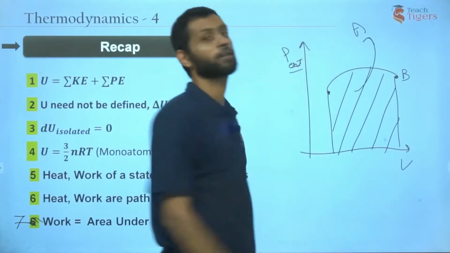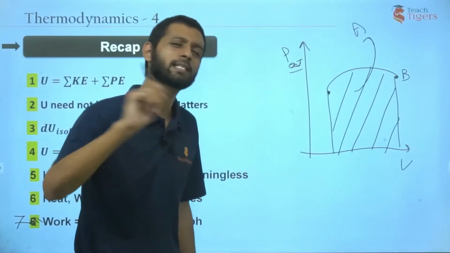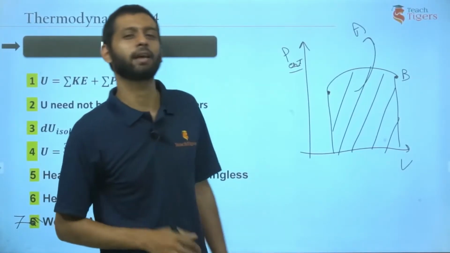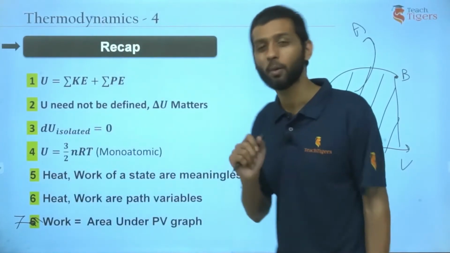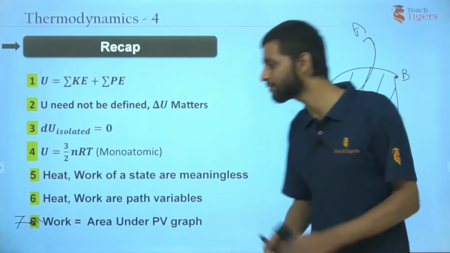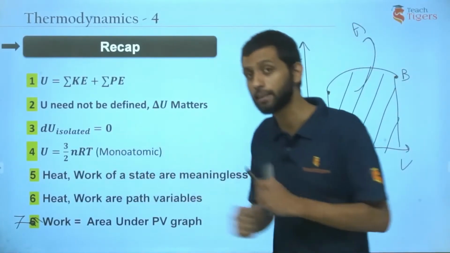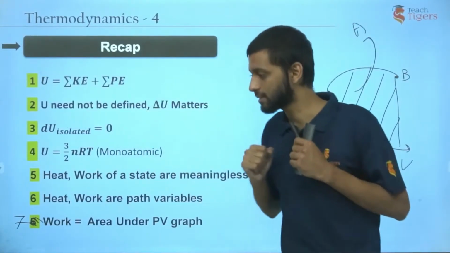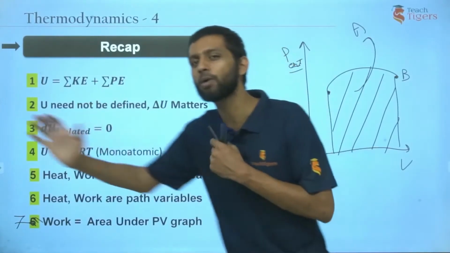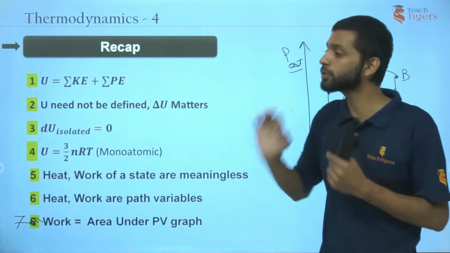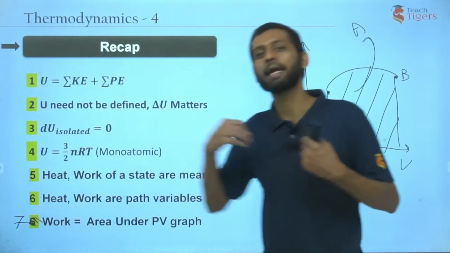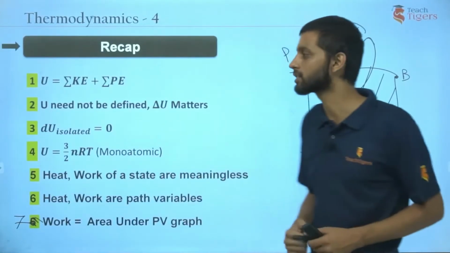We also talked about the fact that work during expansion is negative. Why is it negative? Because if the system pushes on the surroundings, the system is expanding. If the system is expanding, it is pushing onto the surroundings. If it is pushing onto the surroundings, then it has to do some work.